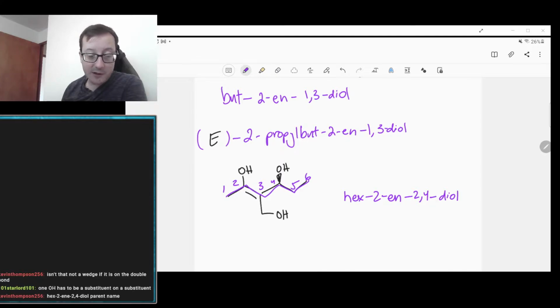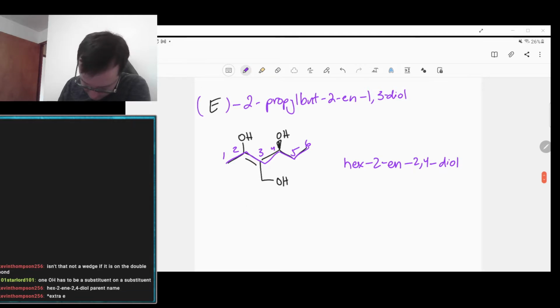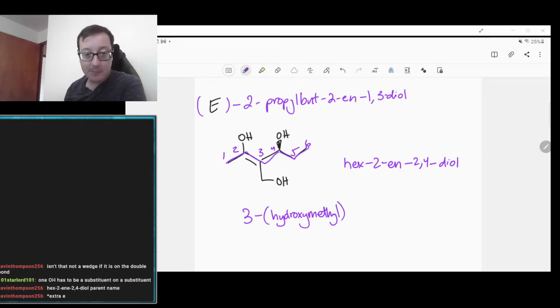So we now have to then just put in our stereochemistry as well as our other group there. We have the hydroxymethyl on number 3. So we're going to see on, I guess we can just say that. So we're going to have to name that as a substituent within a substituent.